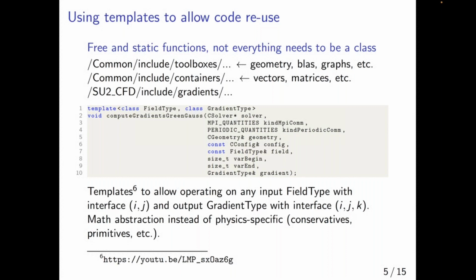So again, math abstractions. There are complexities because of communicating quantities, but just because we cannot have everything doesn't mean we should have nothing.